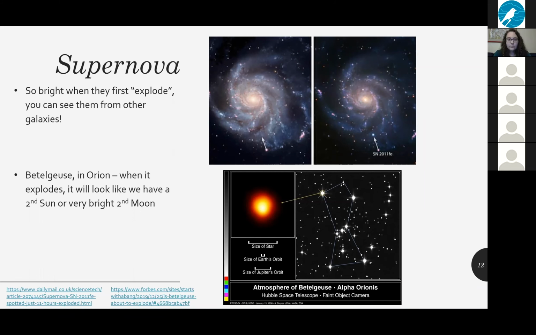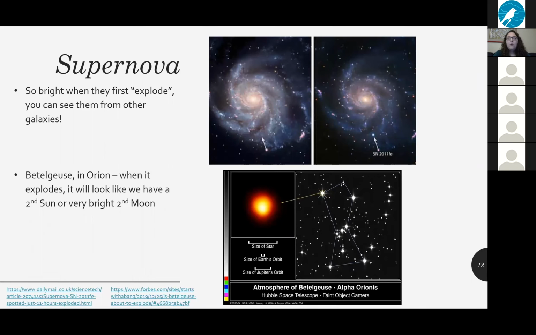Okay, from Charles. How would Betelgeuse exploding affect animals that use the moon to guide them like moths? That's a really interesting question. Sea turtles is another example that would come to mind. My guess is that they would probably be thrown off a little bit, because Betelgeuse would be so bright.